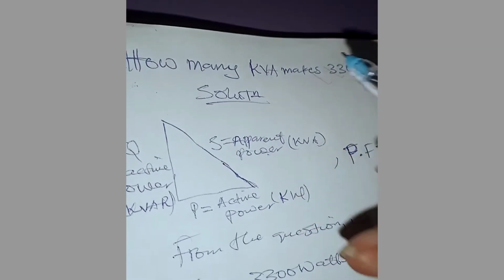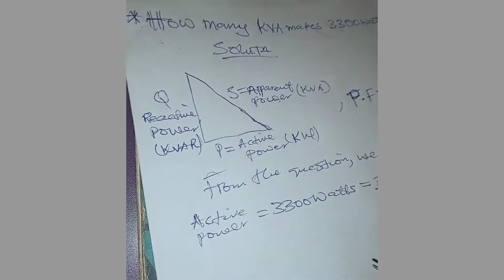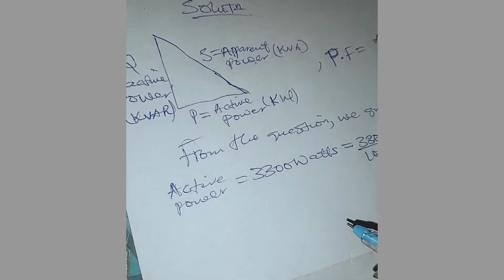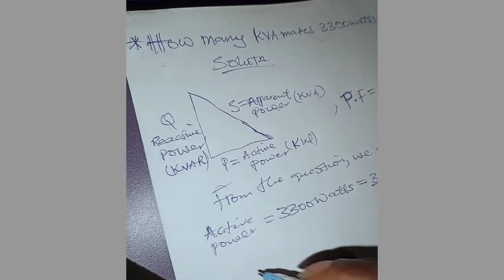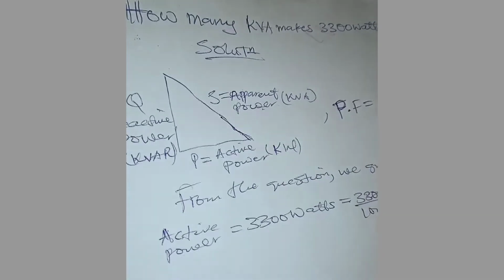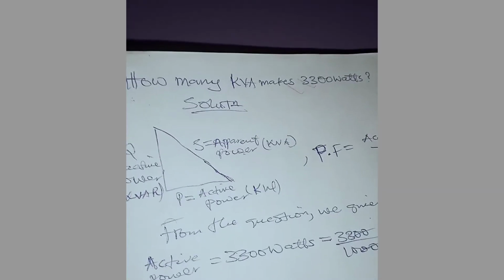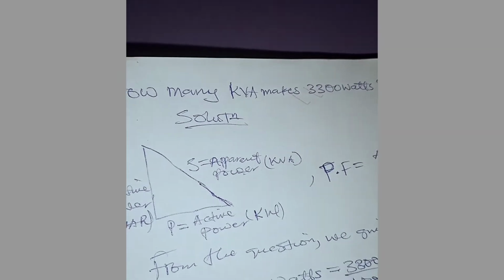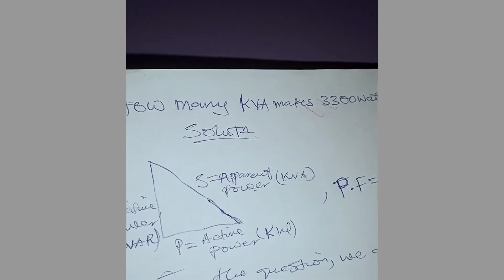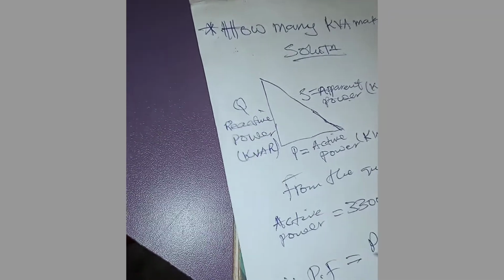But in the question we are not given the power factor. Since we are not given the power factor, we are going to assume that the power factor is 0.8. So the formula now is PF is equal to P over S.